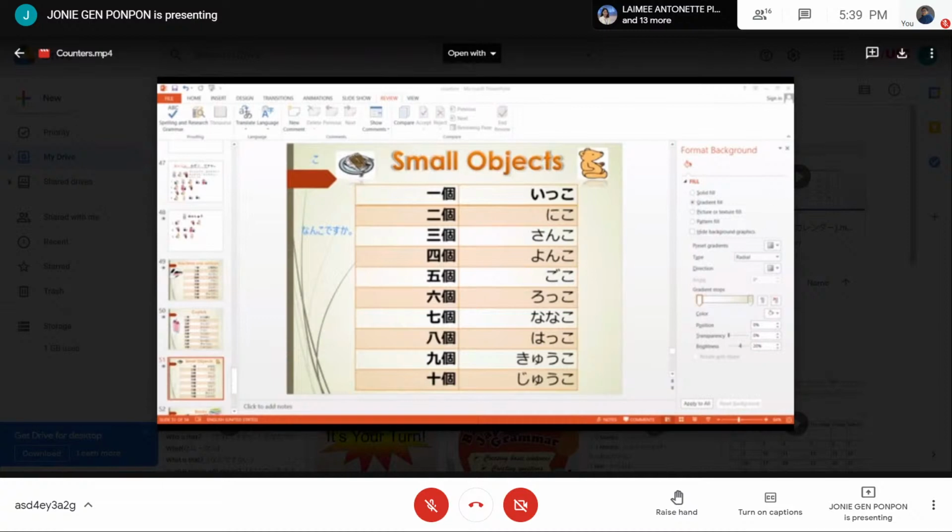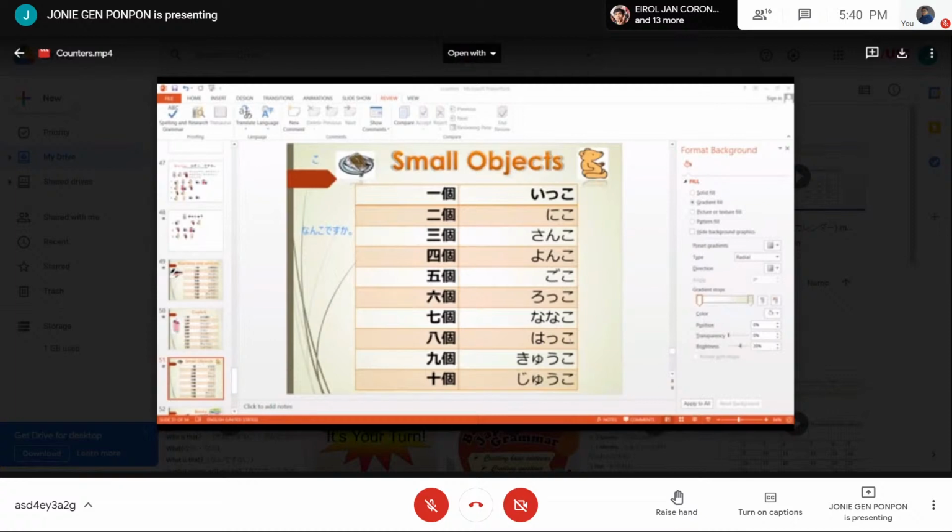And then for 9 pieces, kyuko. And then 10 pieces is juko. And then for 11 and so on is juikko, juniko, jusanko, juyonko, jugoko, jurokko, junanako, juhakko, jukyuko, and then nijuko.